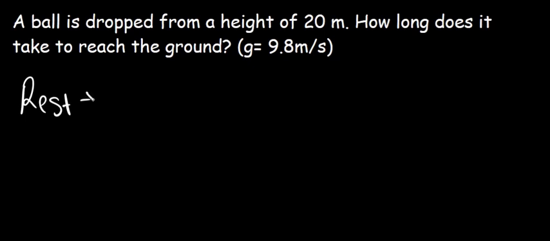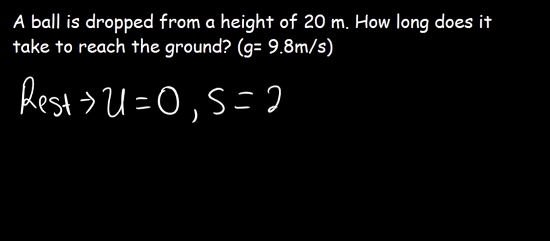So the implication is that the initial velocity is equal to 0. Then the height, which is the distance, is equal to 20 meters.